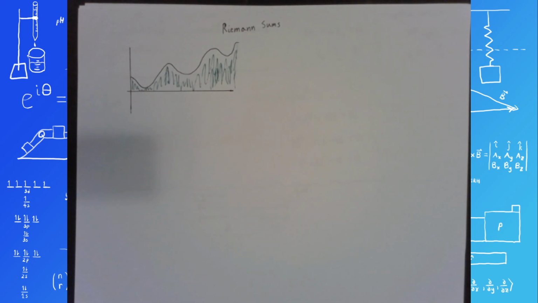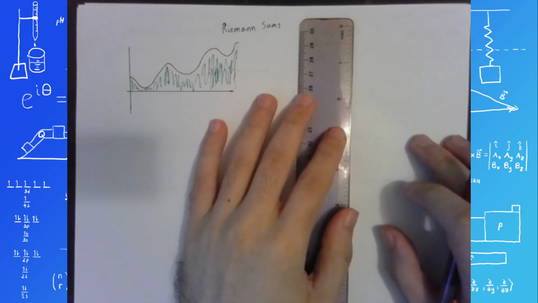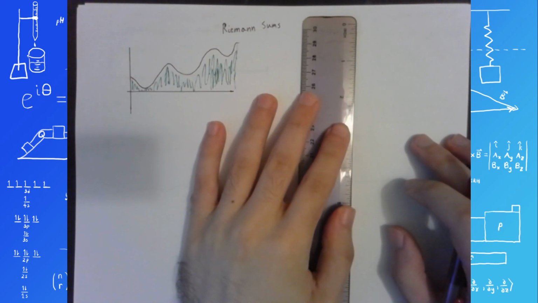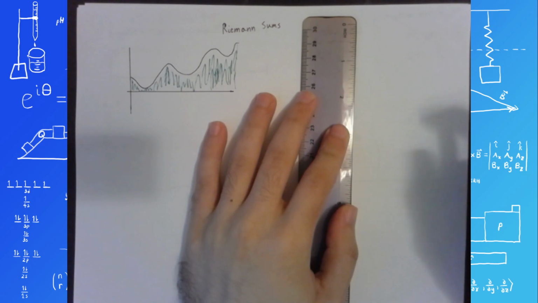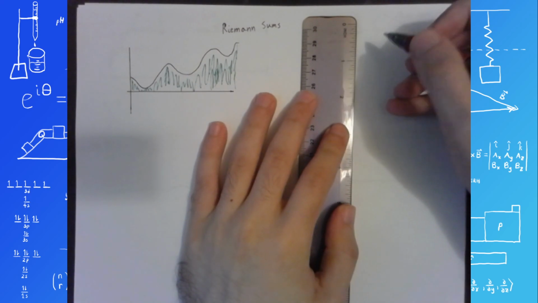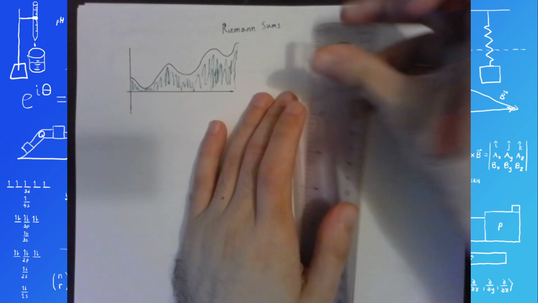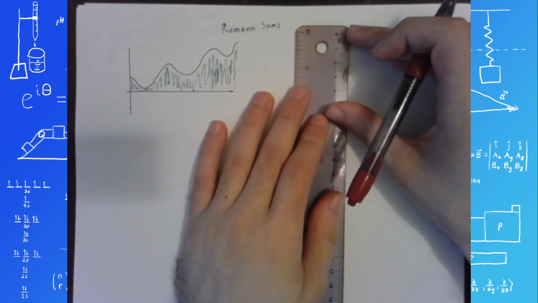So the first thing we want to do is show how to approximate the area under a curve, and for that I actually want to draw a familiar graph, which is the graph of x squared. So let's draw a familiar looking graph. I think I actually want to do this in centimeters.